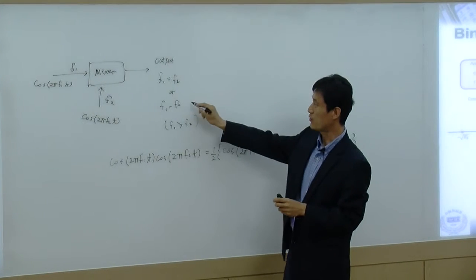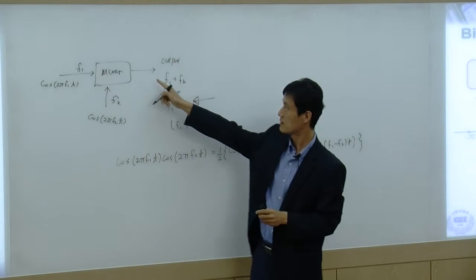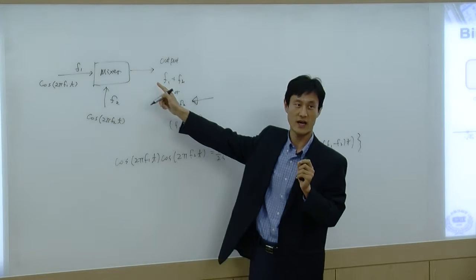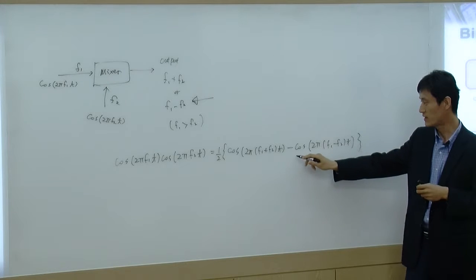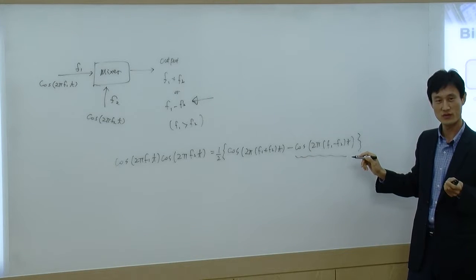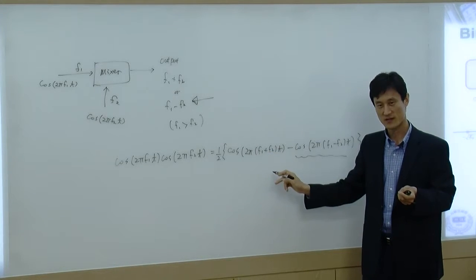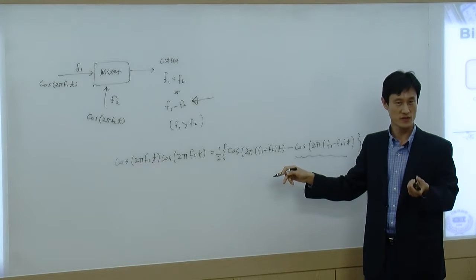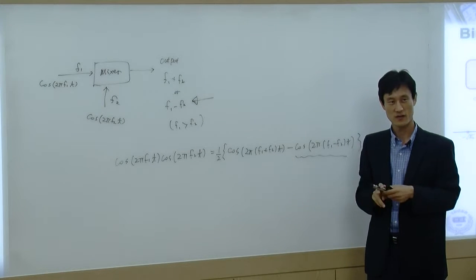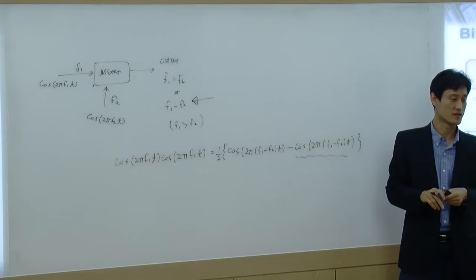But let's say I want to get just this one, because there's only one output. How do you do that? You have to remove the other one. How do you remove it? You need to use a filter. It's going to be a band pass filter in this case.